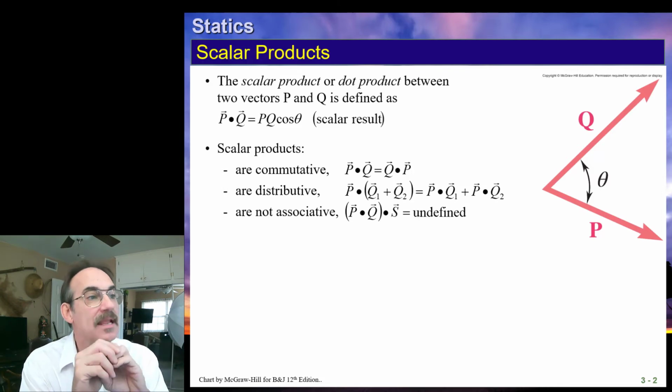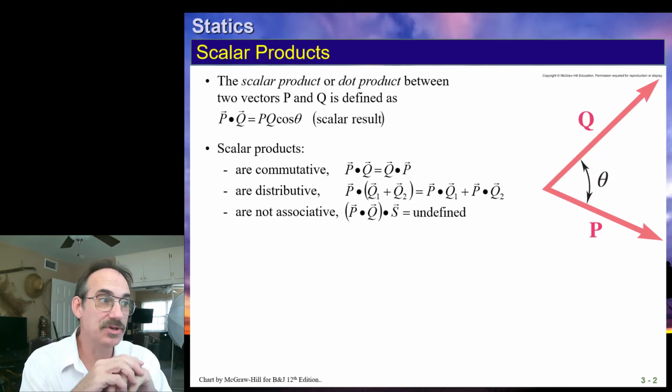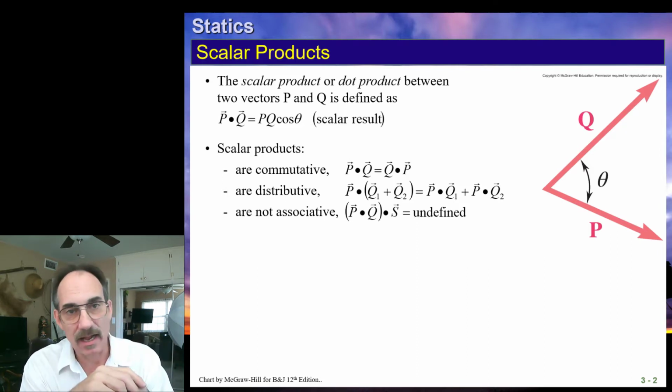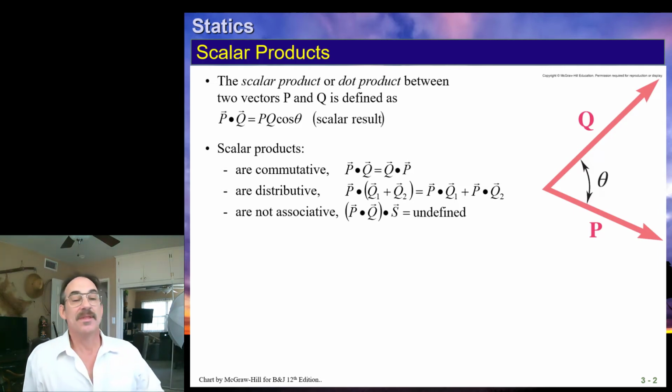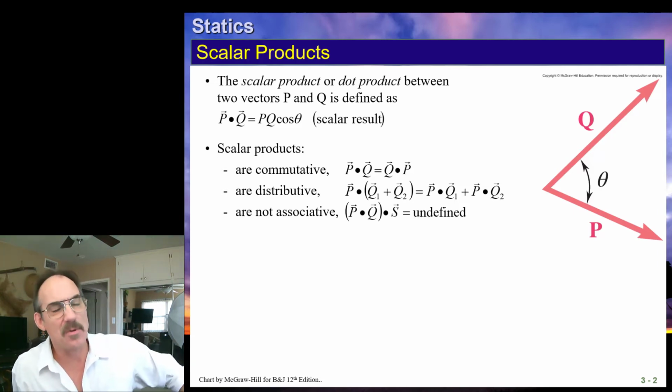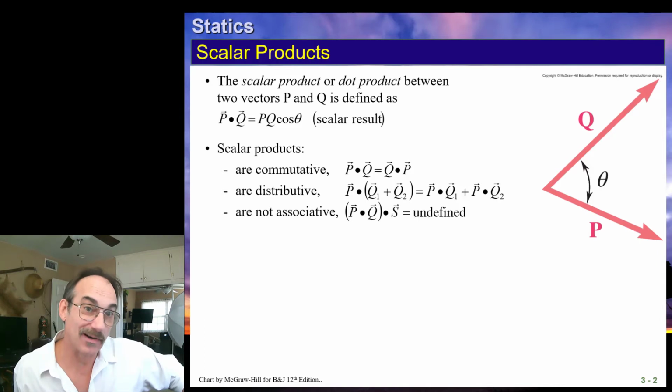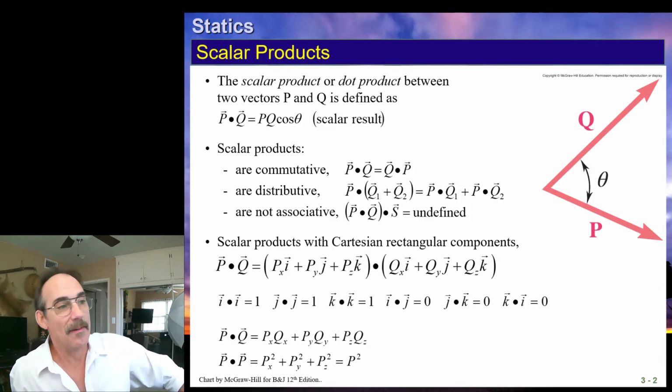However, they're not associative. P dot Q dot S can be undefined. So these are our rules of operation. If you don't nail these, that's not critical. We're going to learn how to use these and master them.